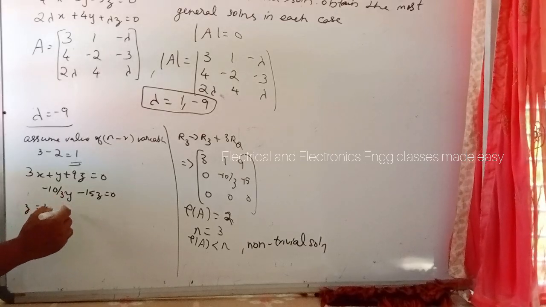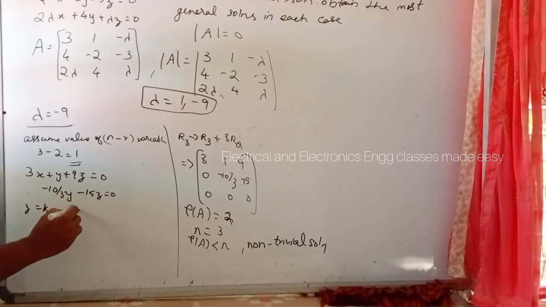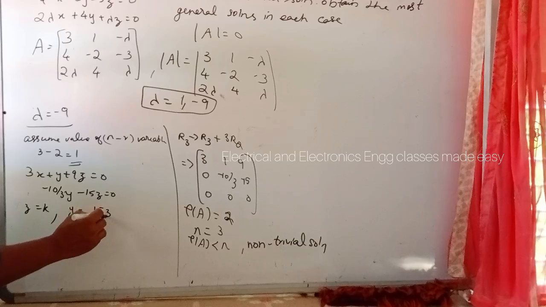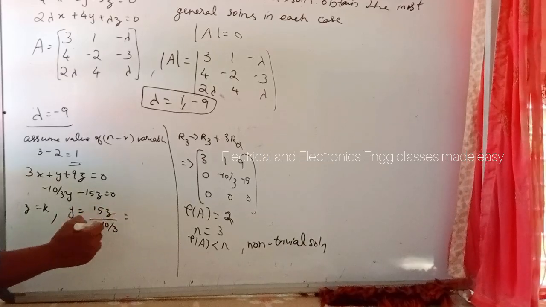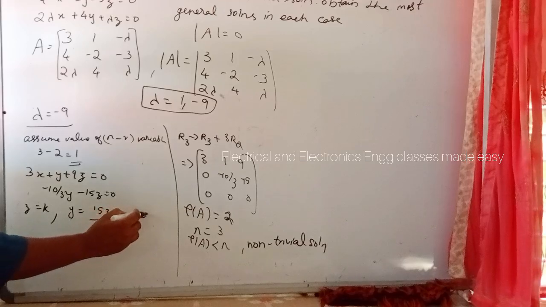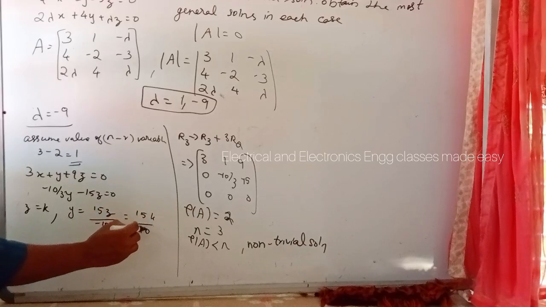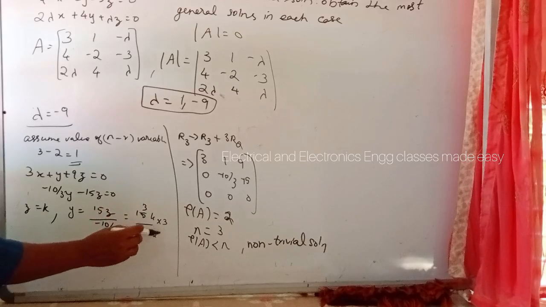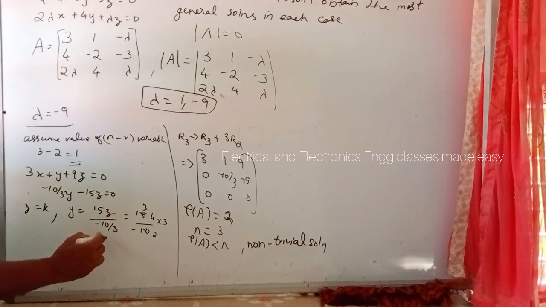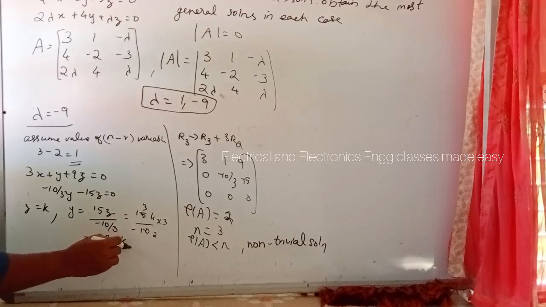Then we will get y. So y is equal to 15z divided by minus 10 by 3, and that is equal to 15k divided by minus 10 into 3, that is equal to minus 9 by 2k.